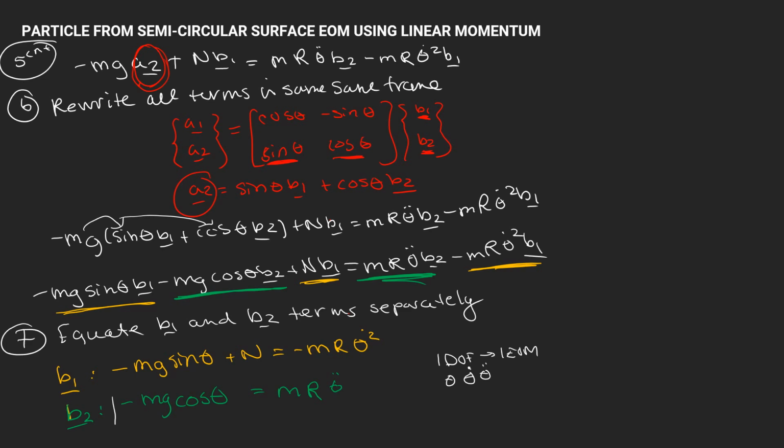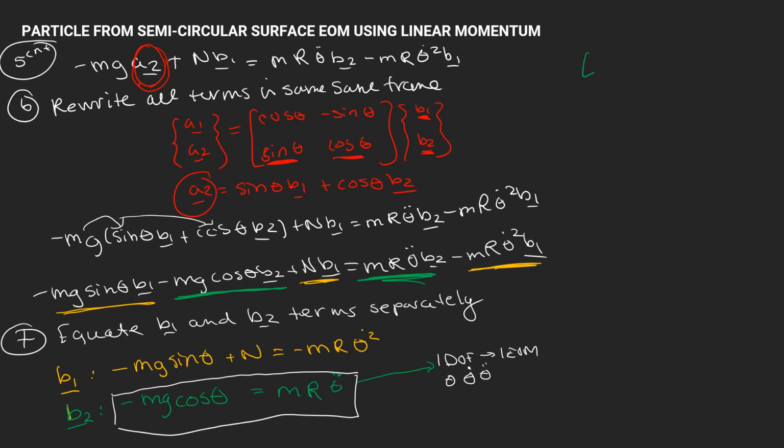And it turns out that you can simply take this equation here, and this equation here satisfies what we need. The equation above, while it does have a theta term and a theta dot term, also has this n term here, which is unknown. So we can use this equation here, and this is our equation of motion for the system.